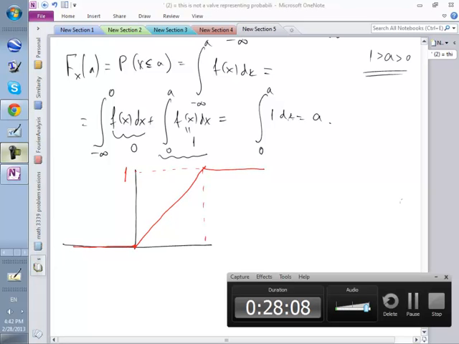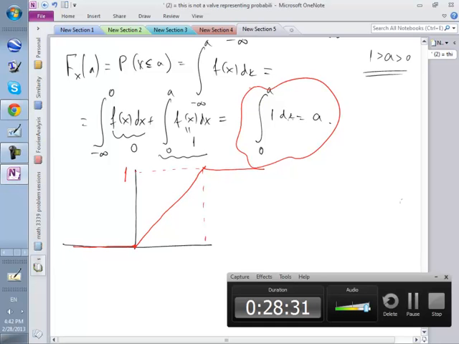Where does this area become equal to 1? Look here. When a becomes 1, okay?